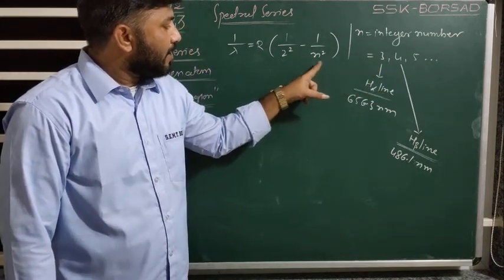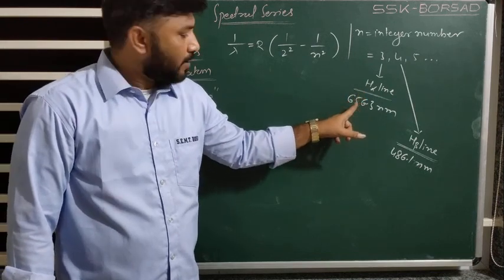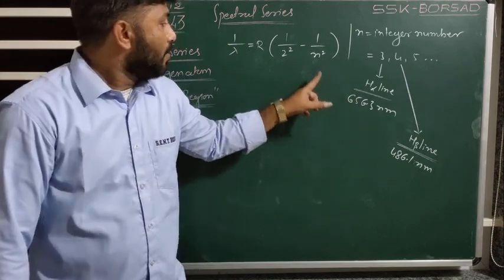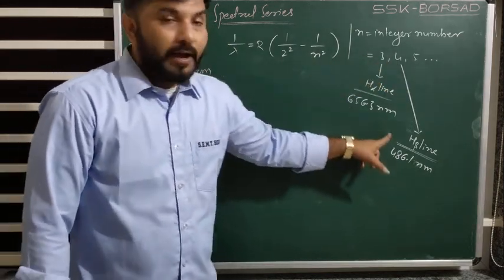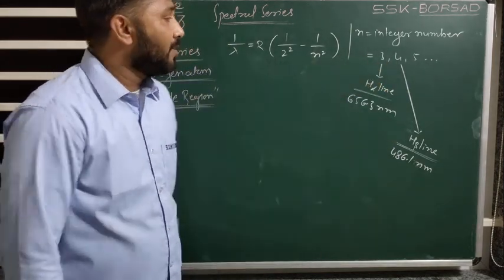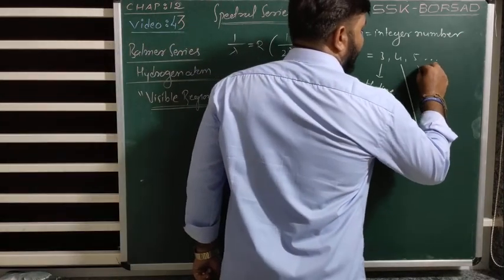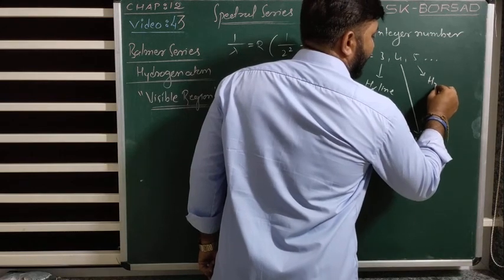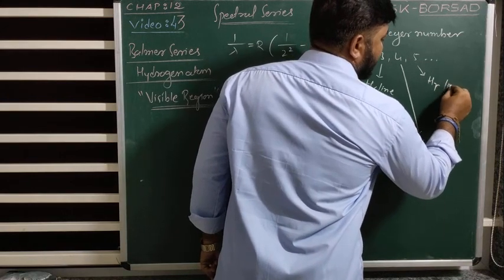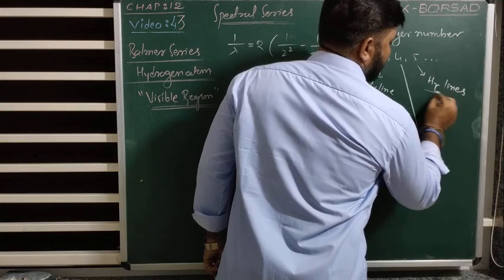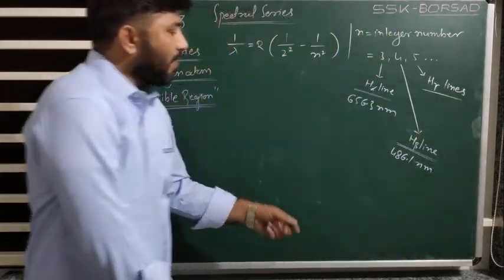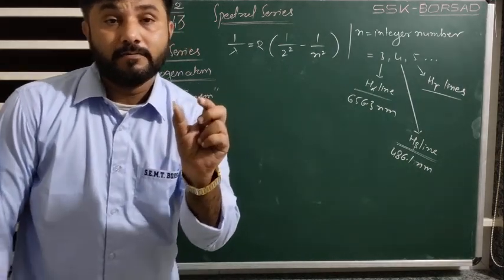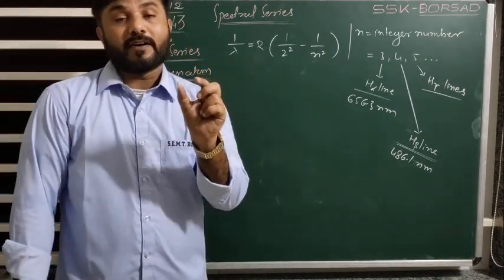Put n is equal to 3, you will get H alpha line, and this is its wavelength. Put n is equal to 4, H beta line and its wavelength. And if you take n is equal to 5, then you will get H gamma line. So H alpha, H beta, H gamma, they are the spectral set, meaning a group of spectral lines.